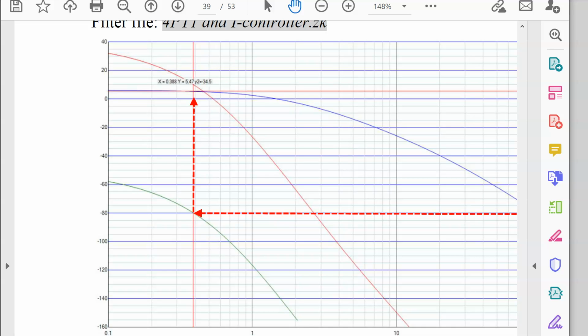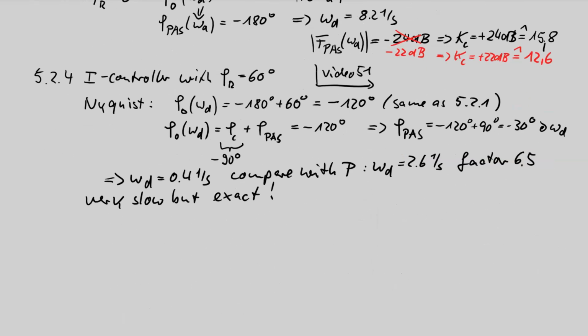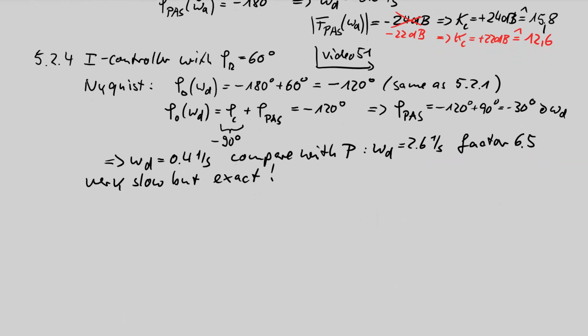So finally I can note, to calculate the Ki value, take the open loop at omega d equation is 1, the second Nyquist equation.